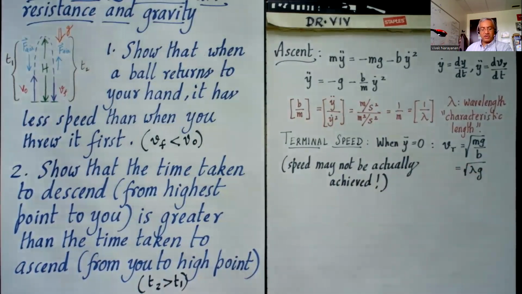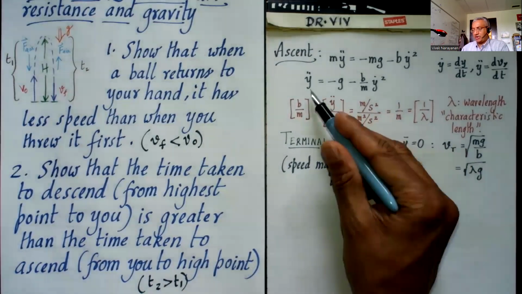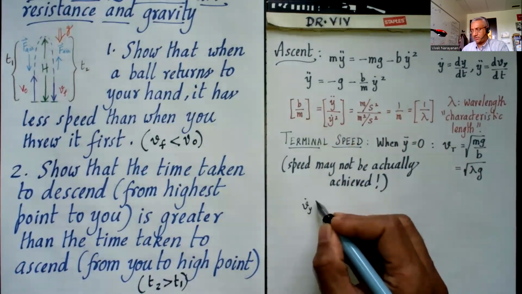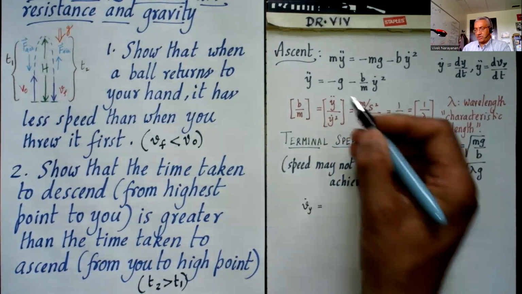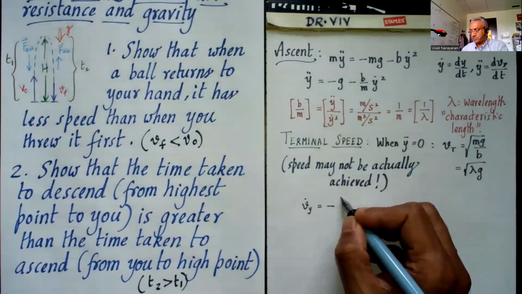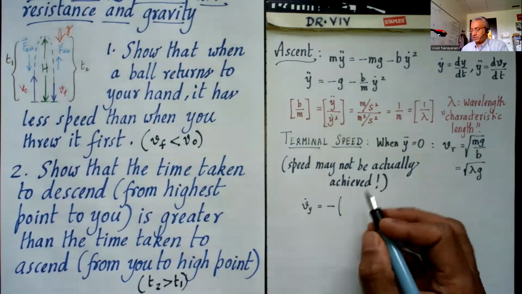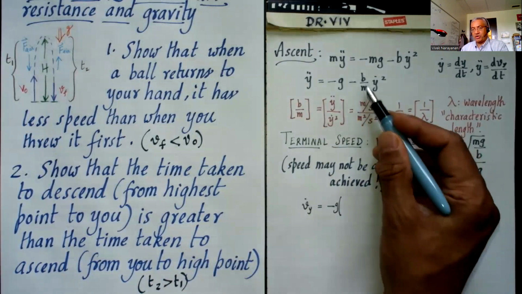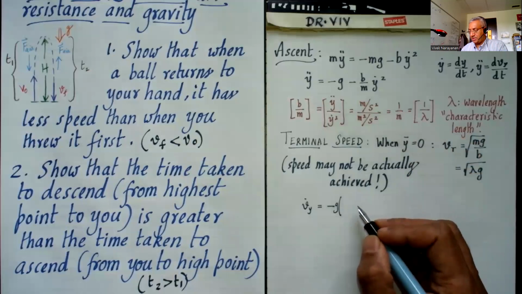All right. So once we have defined this quantity, we can use it. Nothing stops us from using a quantity we have defined. So I'm going to rewrite y double dot as vy dot, and that is equal to negative g outside. Now b over m is 1 over lambda, don't forget.